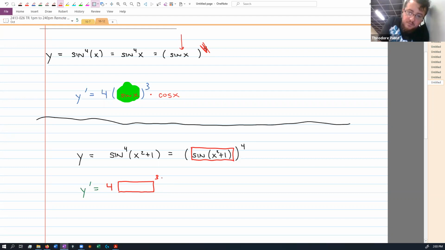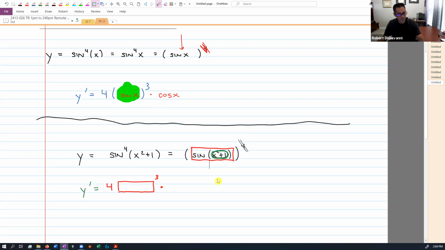Times, now, we've done the 4. What's the next layer in? The next layer in is the sine. Sine of what? Sine of x squared plus 1, but I'm not going to say that. I'm going to say sine of a green oval. So what is the derivative of sine of a green oval?